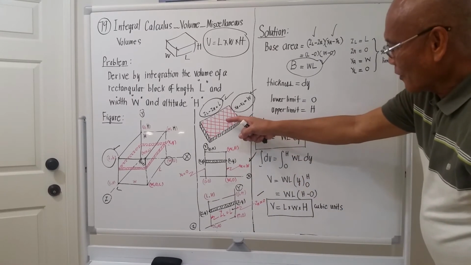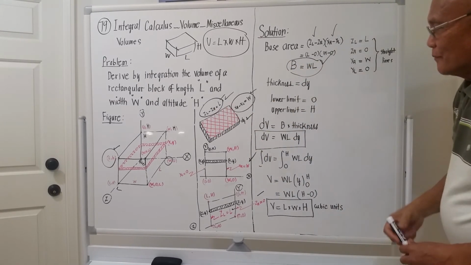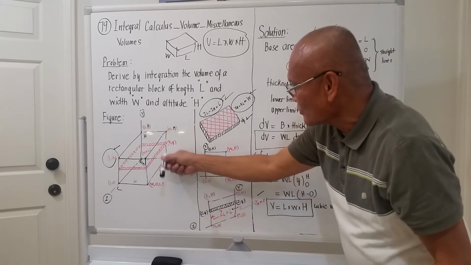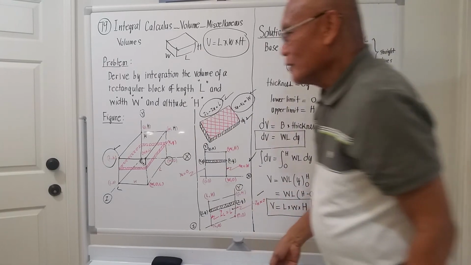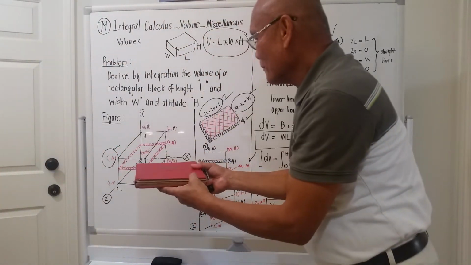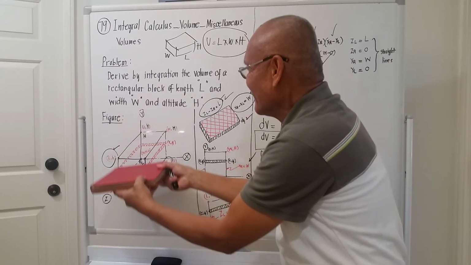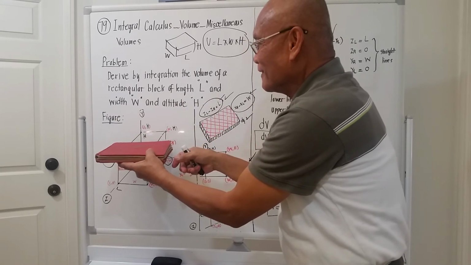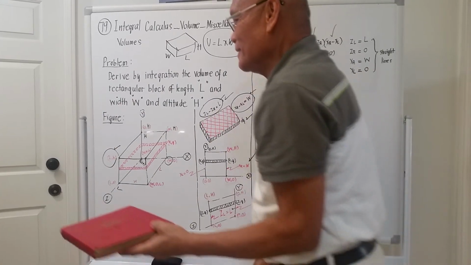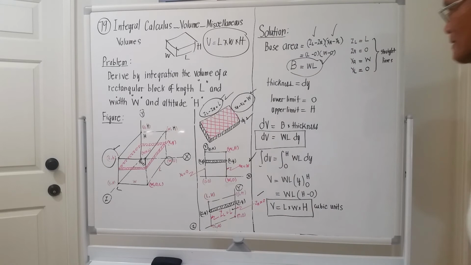So to compute the volume, it should be the base area times the thickness, because this base area moves from 0 to H to cover the total volume of the rectangular block. And luckily for a rectangle, the upright motion does not vary. It is just a pure constant because it is only vertical lines.